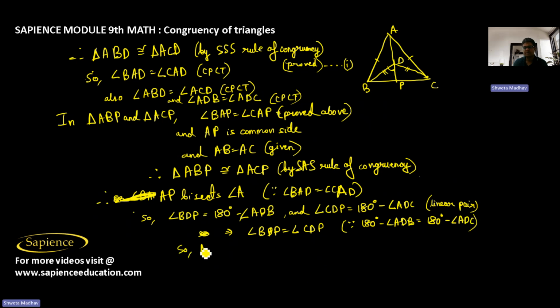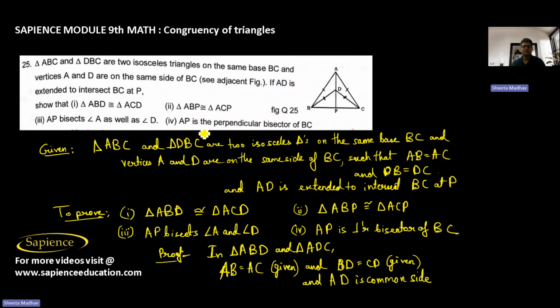So I can say that AP bisects angle D also. So hence the third part is proved that AP bisects angle A as well as angle D.